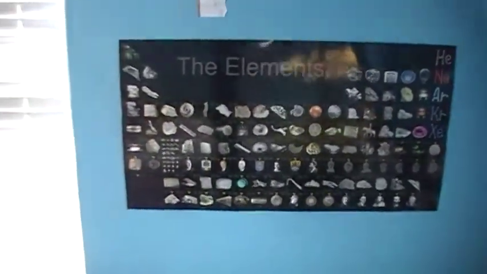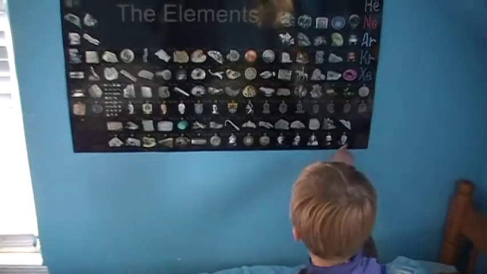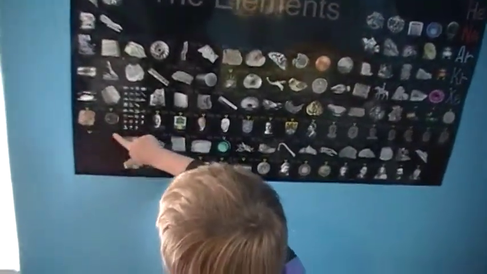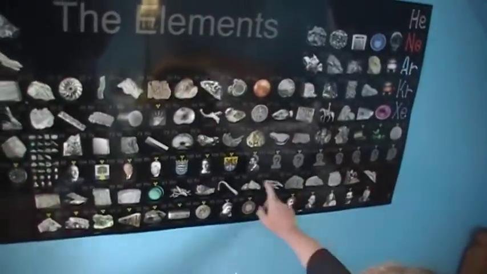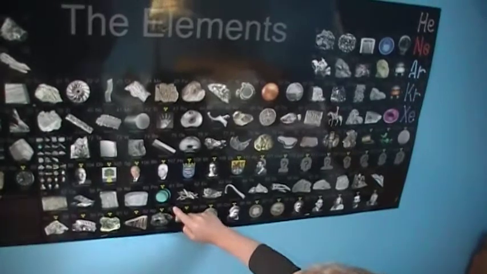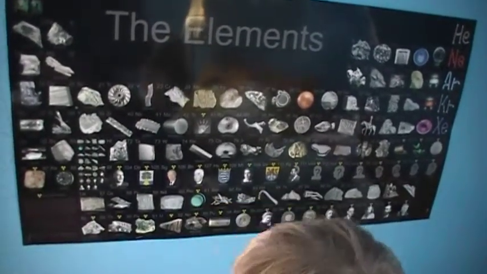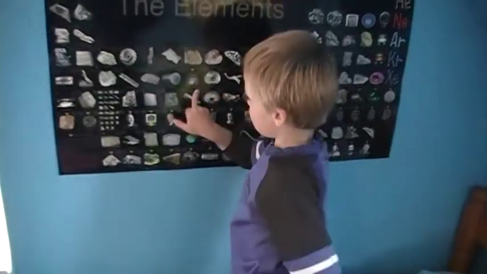All right. Show me something that's radioactive. The whole series. Right. Those are the ones that are radioactive. Okay. And show me one that they used in old x-rays. Yep.